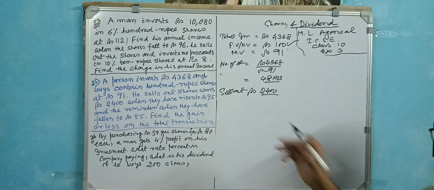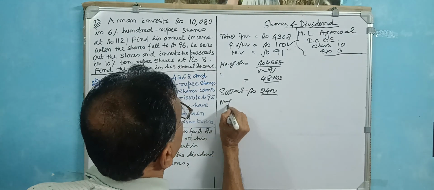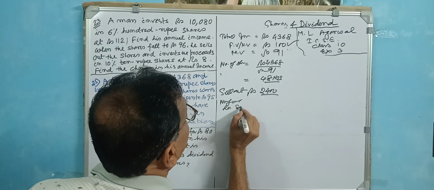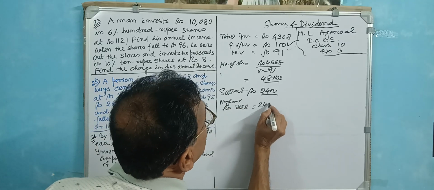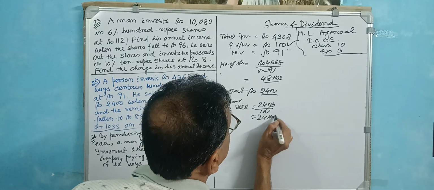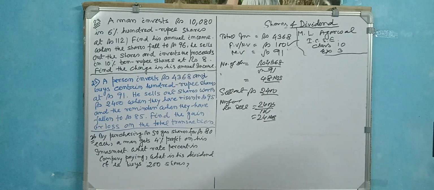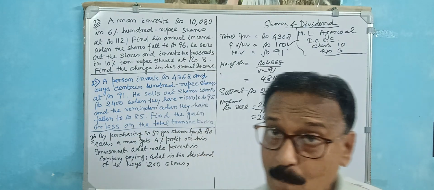What is the number of shares he sells? 2400 by 100, that means 24 shares he sells. This is very important. Clear?